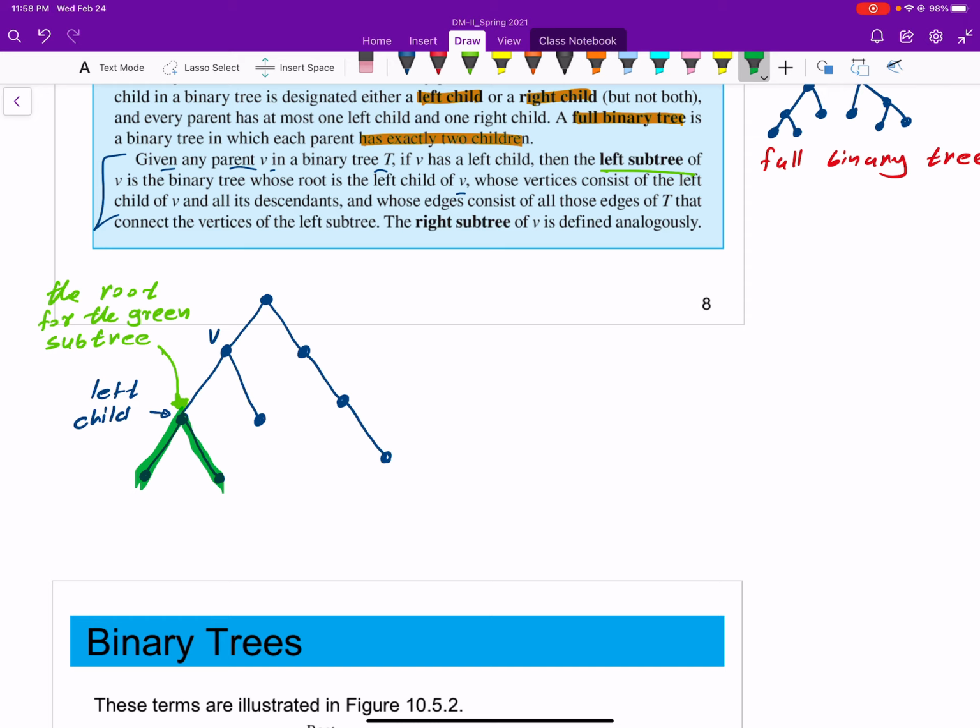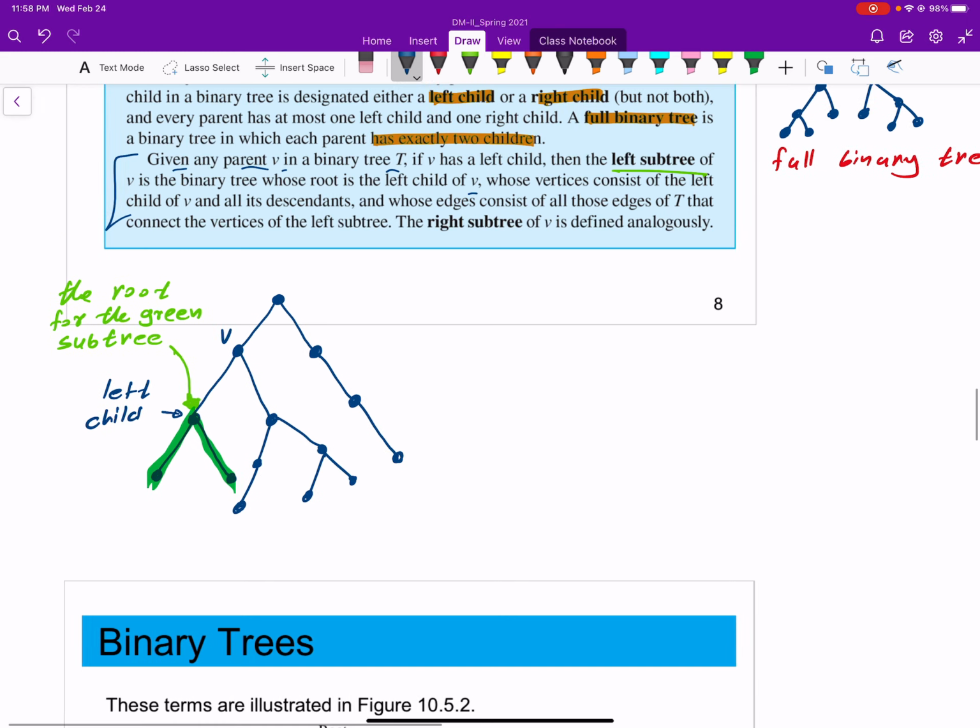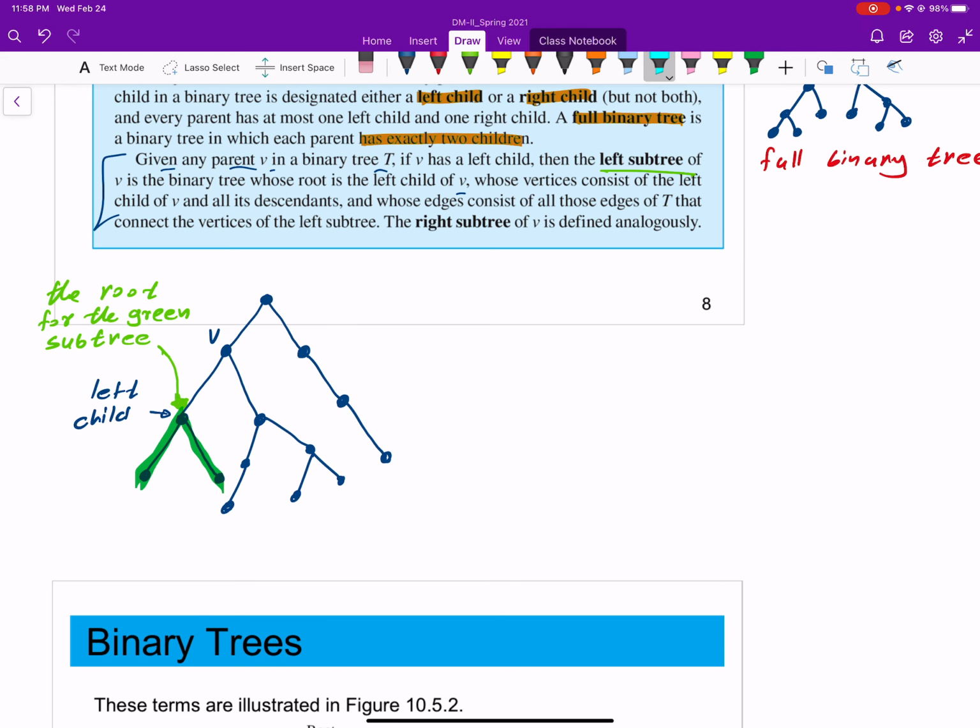That's the left subtree, and then I'm going to add more vertices here like that, like this, like that. Okay, so that's the left subtree, and then this is the right subtree.